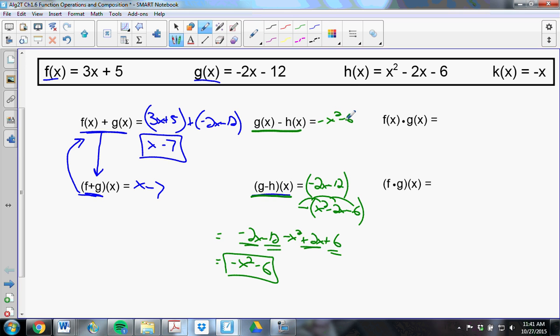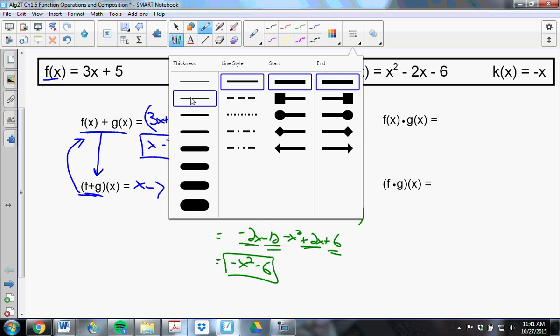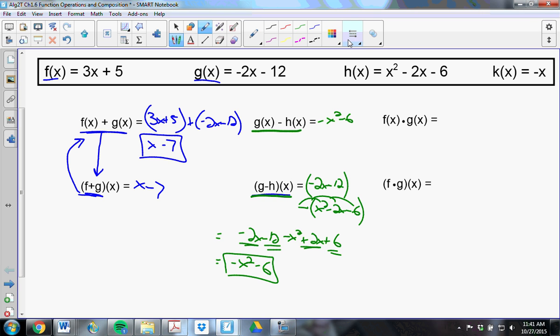For f of x times g of x, this is where you have to do distributing, and some of you call this foiling. I'm going to do 3x plus 5 times negative 2x minus 12. 3x times negative 2x becomes negative 6x squared. 3x times negative 12 is negative 36x. 5 times negative 2x is negative 10x.